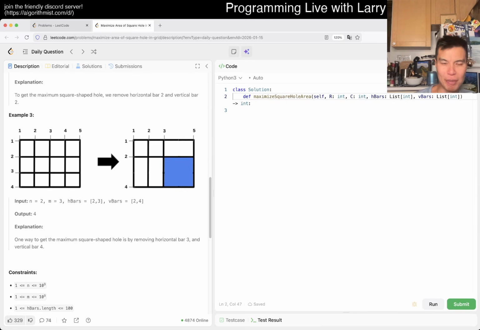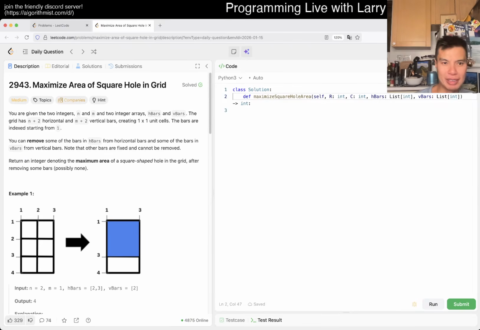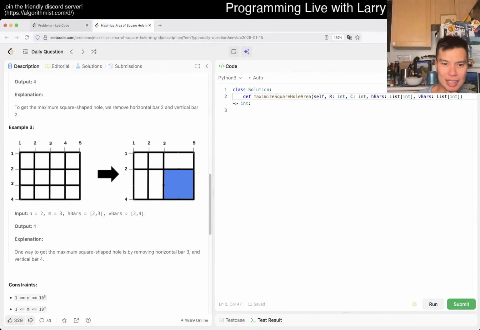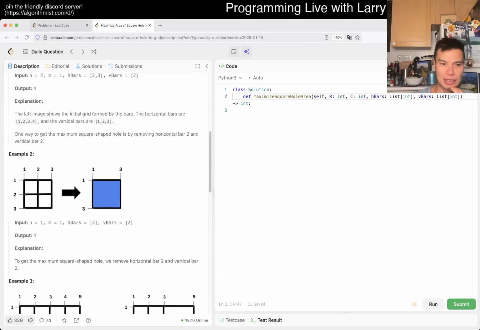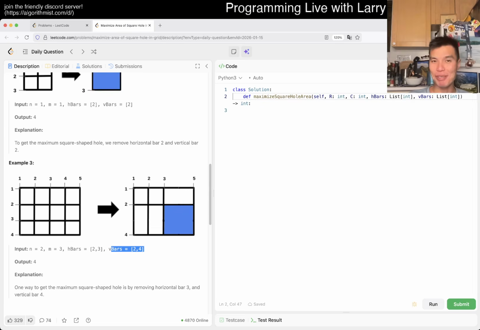They drew the vertical bar at 3. Then what does the V bar mean? Is it just that these are the only things that we can remove? Is that the thing? I'm just trying to figure out the details because this is very confusing.